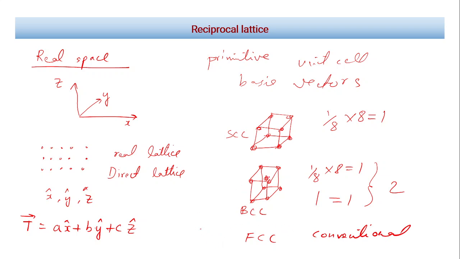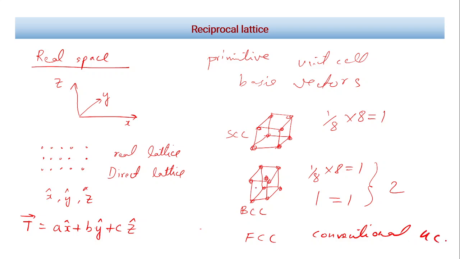We understand whenever we have to find out packing fraction or neighboring coordination number, like neighboring atoms, we keep this picture in mind. That 1 atom at the center, 8 at the corners. For FCC, we have 6 atoms on the faces, and then 8 at the corners. So total is 4 per unit cell. So these are not primitive unit cells, but they are conventional unit cells.